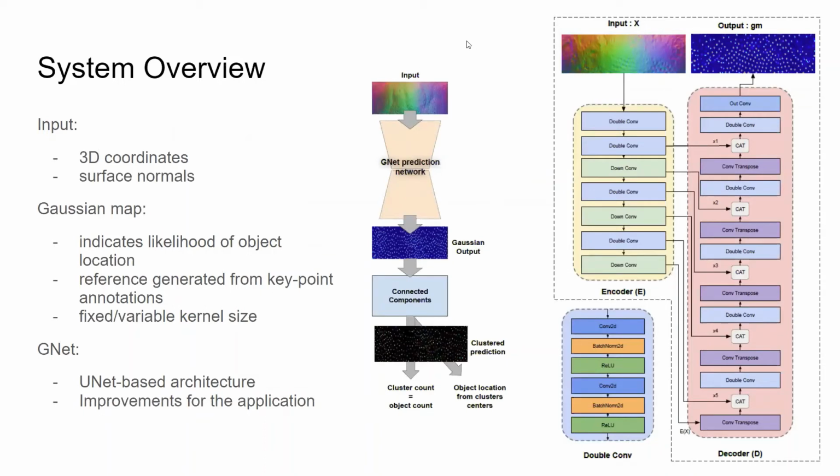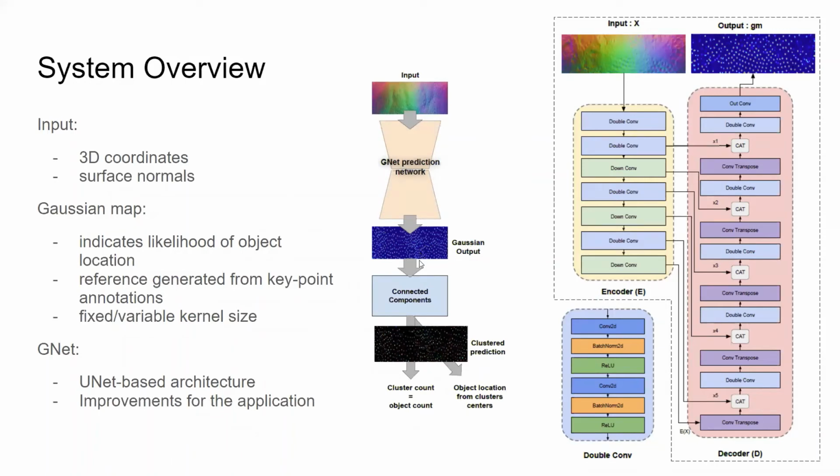The overview of the method is as follows. As an input, we supply 3D coordinates after the projection, together with surface normals, so that the network doesn't have to learn that type of information. Then there is a special architecture that predicts the most likely locations of the individual achenes, and this is called the Gaussian map.